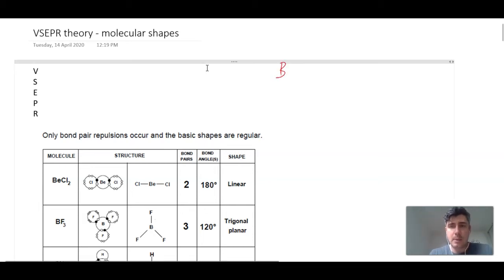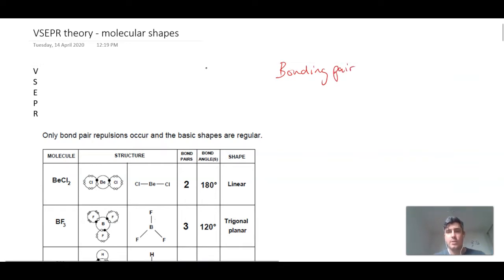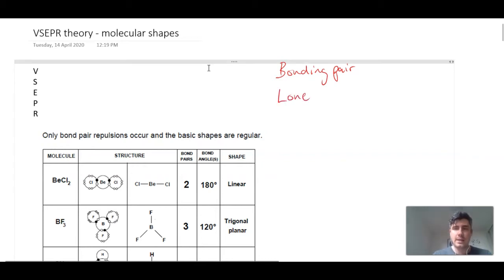You've got bonding pairs, which is where a covalent bond is occurring between two atoms where they're sharing electrons, and you've also got lone pairs, and that's where electrons are paired up because they like to be in pairs because of their opposite spins, but they're around the same atom, so they're not being shared.